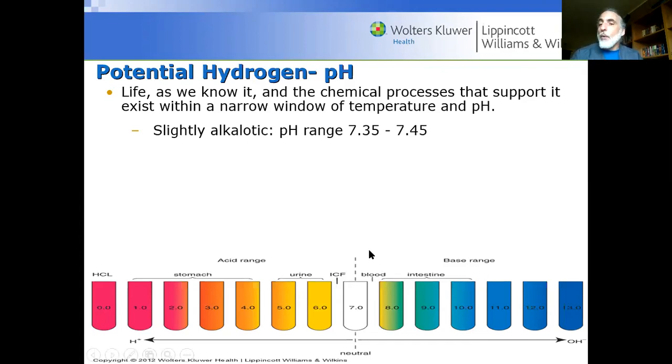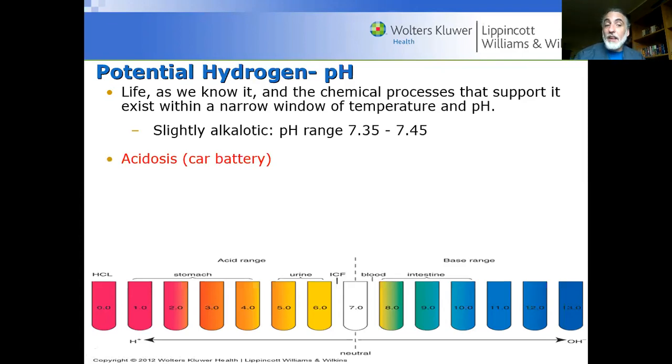If we hit 7.34, we are on the acidic side. Alkalotic over here, 7.46; acidic or acidotic, 7.34 down here. It's not a very large range for pH.